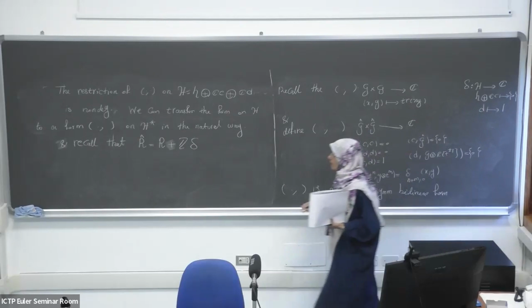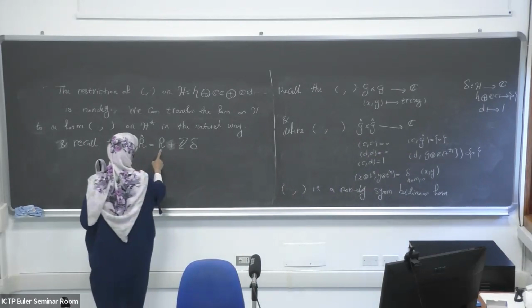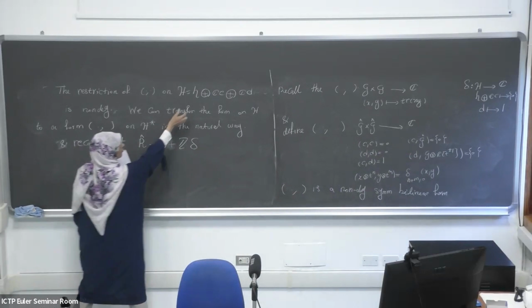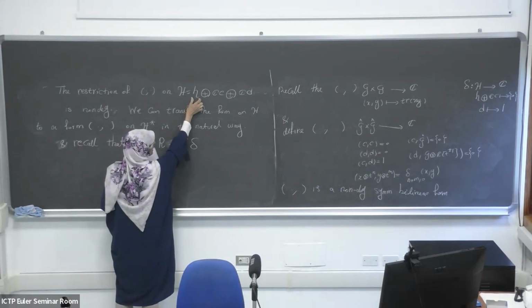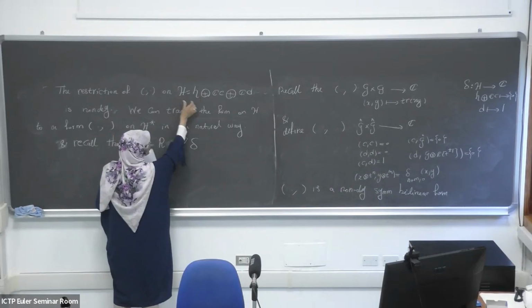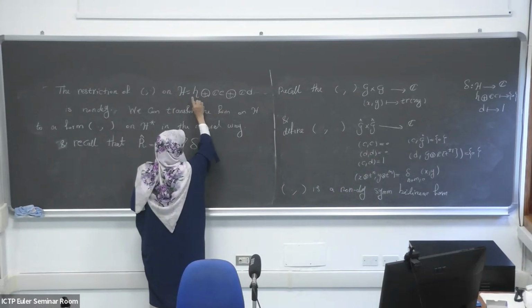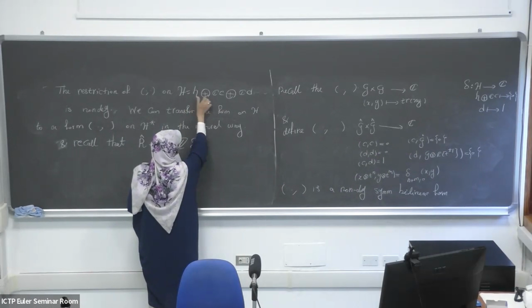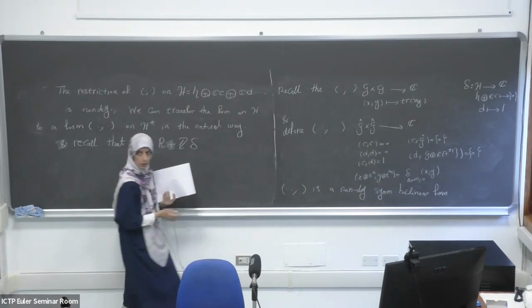Right? And you remember, I told you, whenever we have an element of this small H star, if we have a functional on this small H, I can consider it as a functional on the capital H because I can define the value of that functional on C and D to be 0, right?